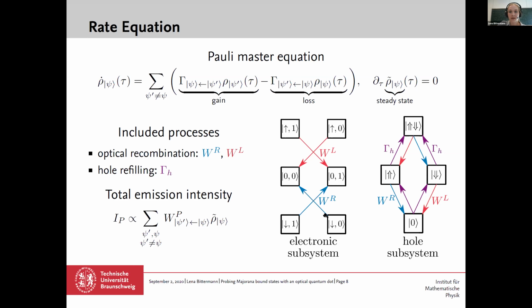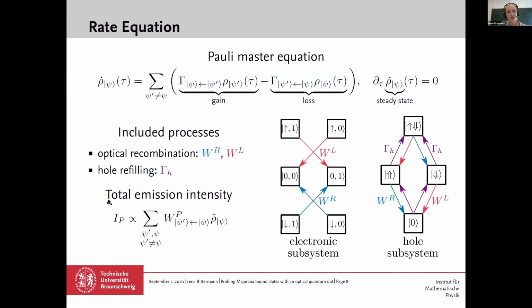If we recombine, we get a right circular polarized photon and change the parity of the system. In the whole subsystem, if we start in a doubly occupied hole state, one recombination will give us a singly occupied hole state, and we can refill this with this hole refilling rate, gamma H.